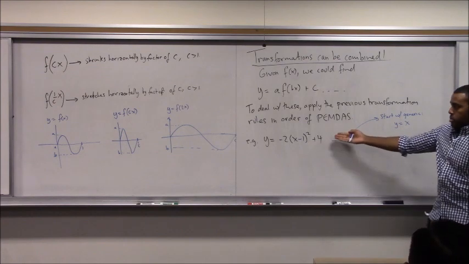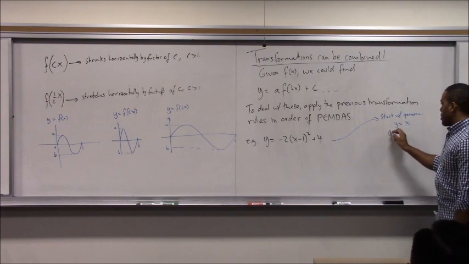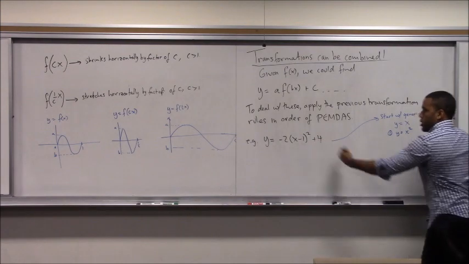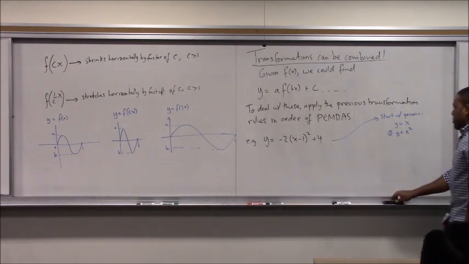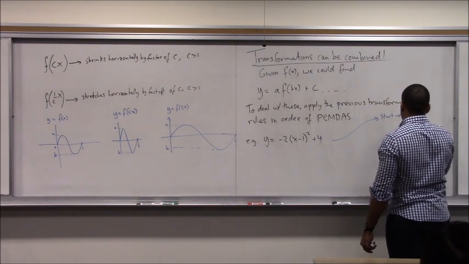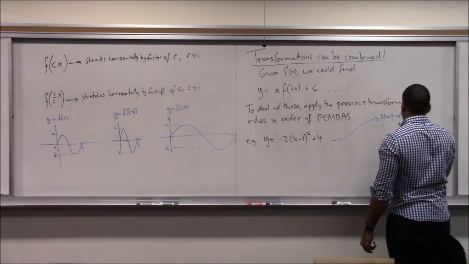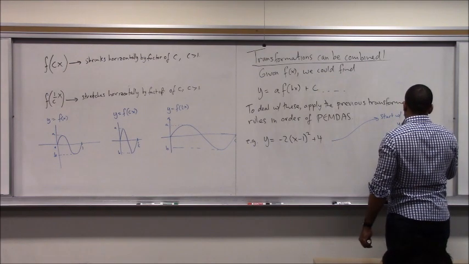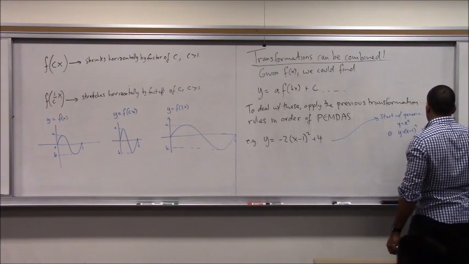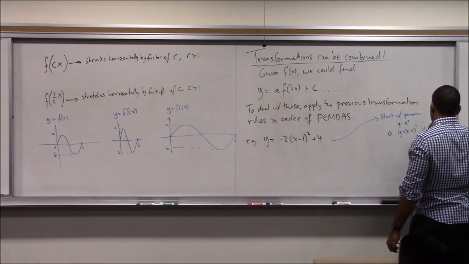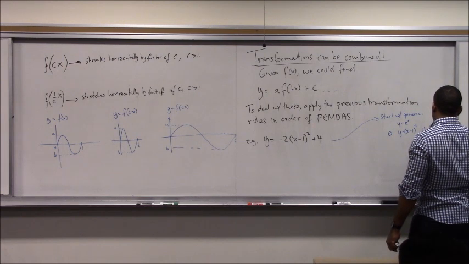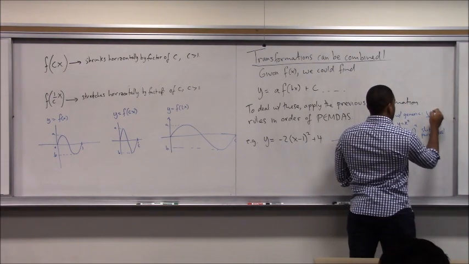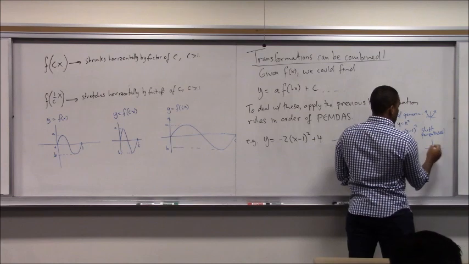According to PEMDAS, the first thing you would do is square. If you see an expression like this, squaring is the first thing. The x squared is the generic one, and the first thing you would then do is the shift, because that's in the parentheses. So you start off with the x squared graph, then you shift that 1 unit to the right.